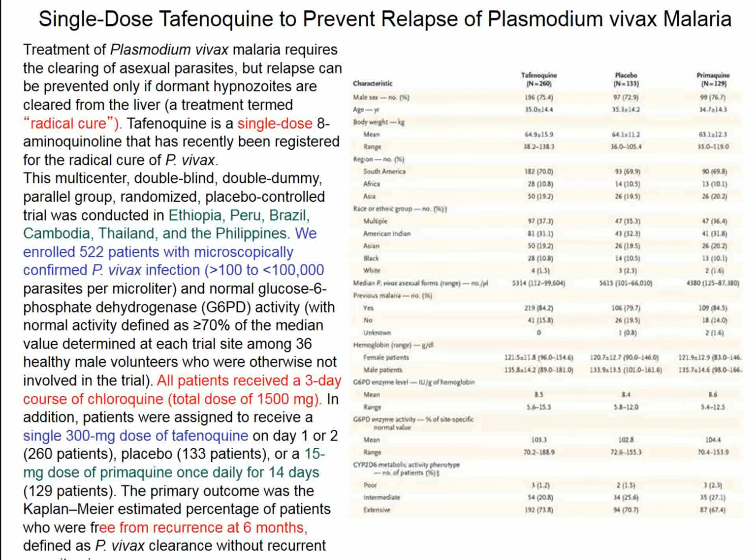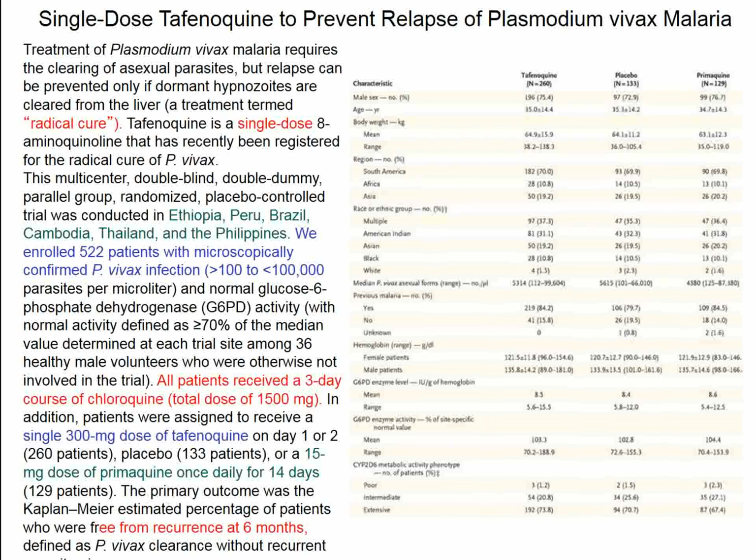Then the Vivax malaria was treated with chloroquine, and then in this first study they were randomized to primaquine, placebo, or tafenoquine to see if both tafenoquine and primaquine were effective in achieving a so-called radical cure.